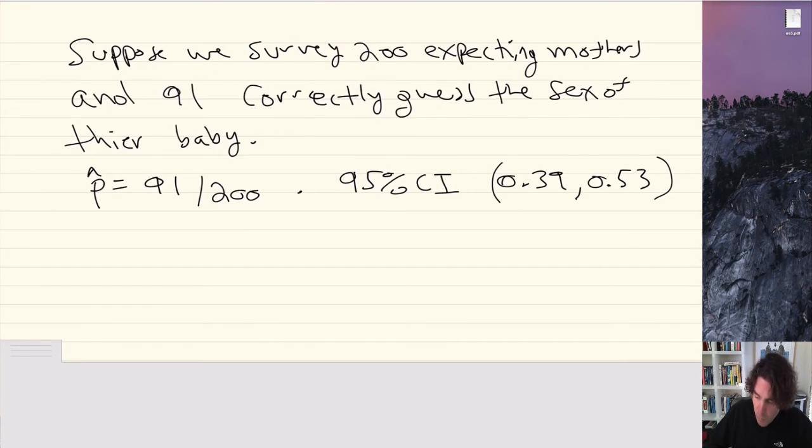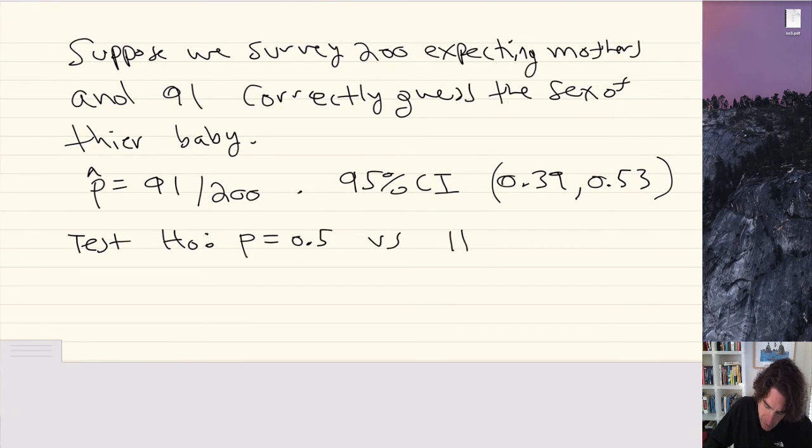Now let's suppose we wanted to test H naught, that p is equal to 0.5, versus the alternative, that p is different from 0.5. What information does the 95% confidence interval tell us about rejecting or accepting this null hypothesis?